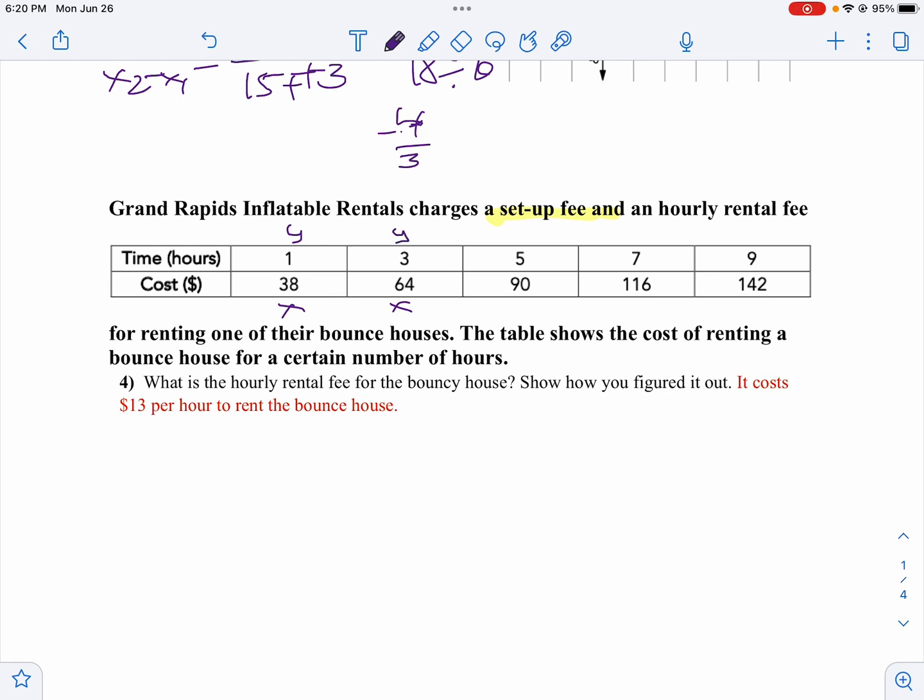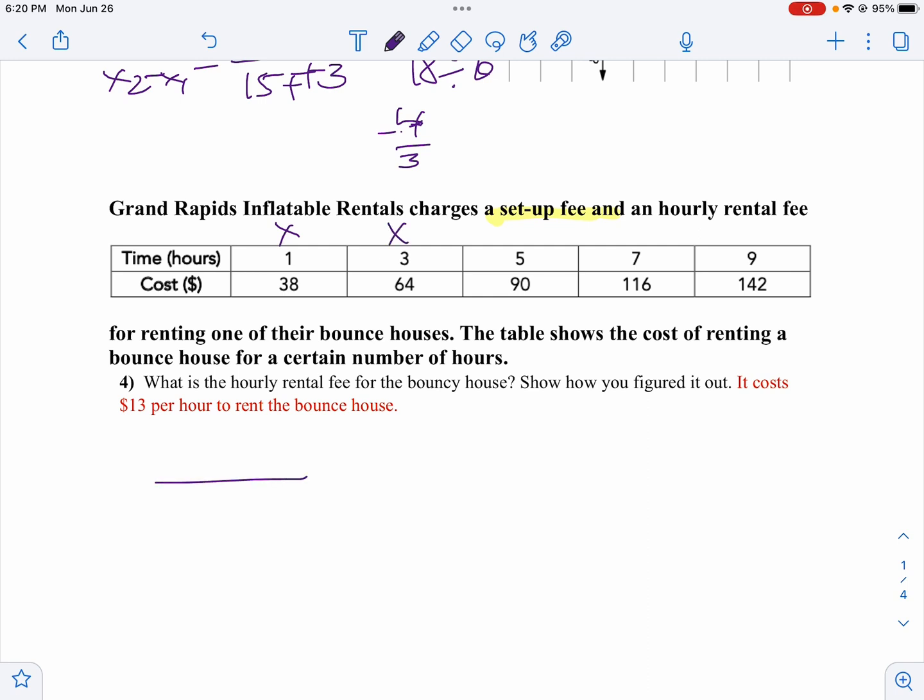So to find my rate of change, I'm going to go 3 minus 1 over 64. Let's try that again. I just did it backwards, didn't I? Dang it. We'll do that again. Because my time is my independent variable, that goes in my denominator.